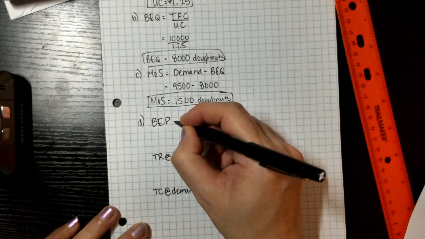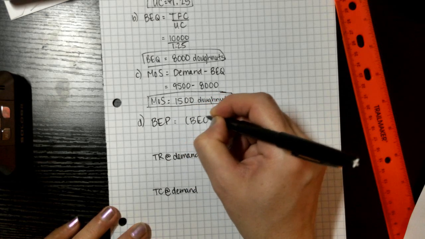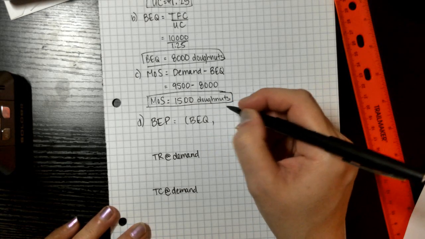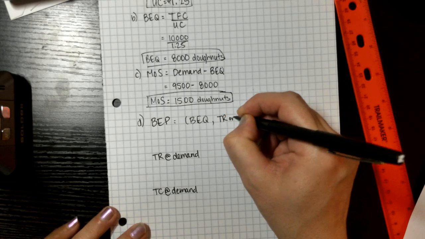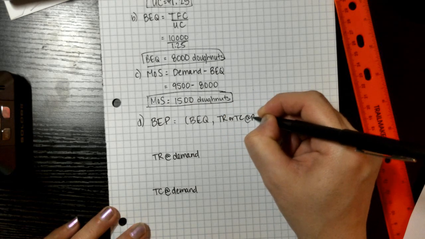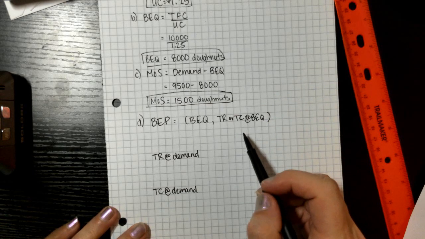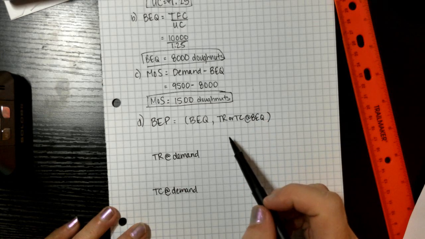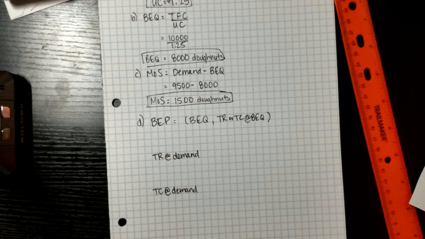Our break-even point coordinate is going to be made up of the break-even quantity on the x-axis. The x-axis is quantity or output. And on the y-axis, it's going to be the total revenue or the total cost at the break-even quantity, because the y-axis is the monetary value, so the costs or revenues.